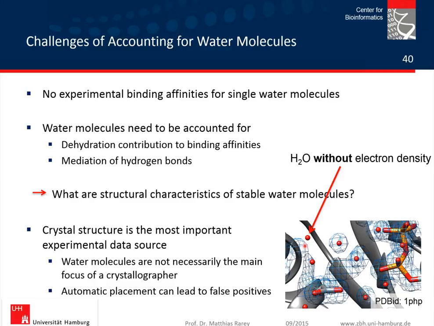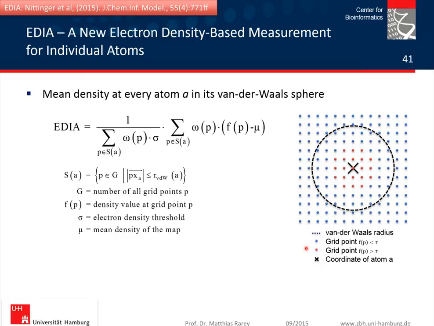There are, of course, several measures which allow you to measure the support for different atoms in the electron density. However, all these measures only consider the whole structure at once. But we want to know about the single water molecule. Is there support for it or not? For this problem, we developed a measure.